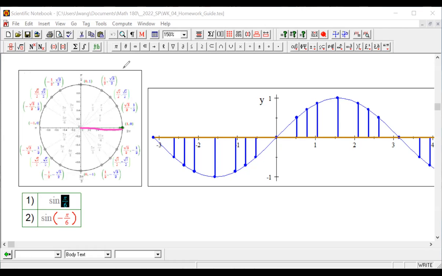Hold on, I made a curve there. It's a counterclockwise measurement, so you terminate over here. And for negative pi over 6, you measure from the standard position, but clockwise.